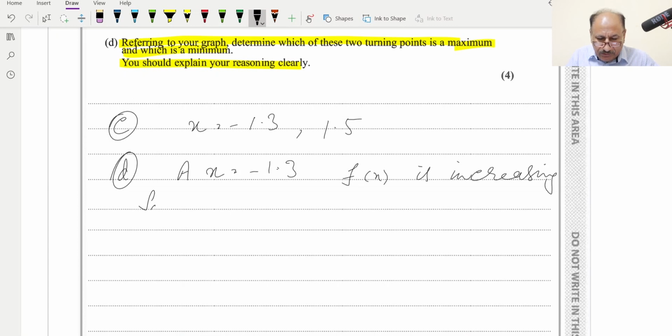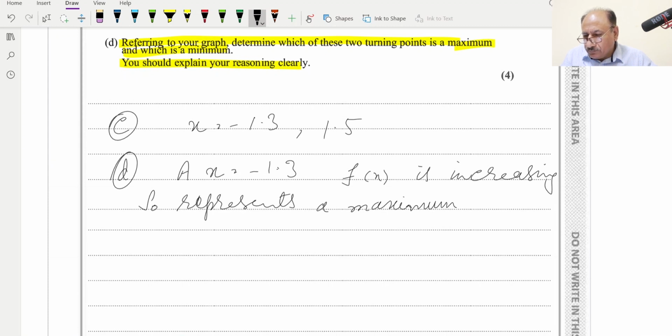So it represents a maximum for g of x. And at x is equal to 1.5, it is decreasing.